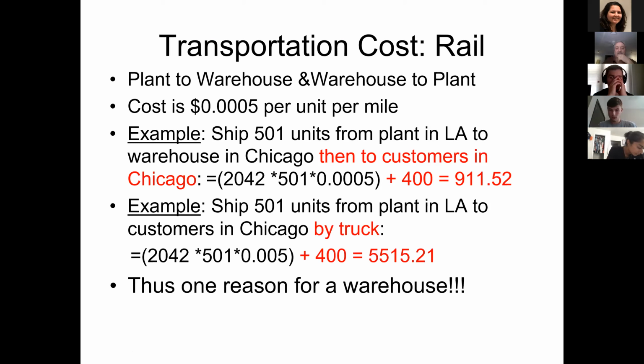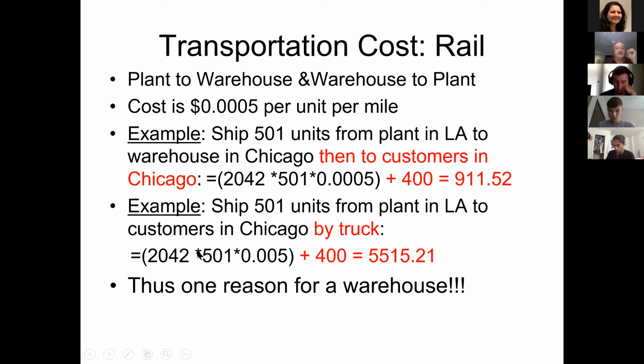Okay, so here's the example. You're going to ship 500 units from your plant in Los Angeles to customers in Chicago. It's going to cost this much. But if you built a warehouse in Chicago, it would only cost $400.